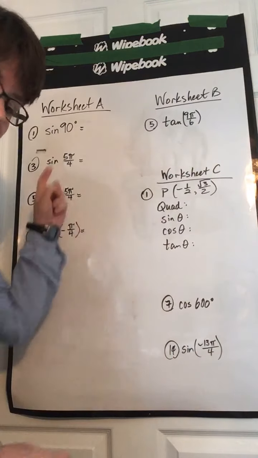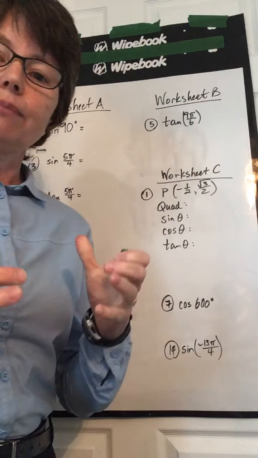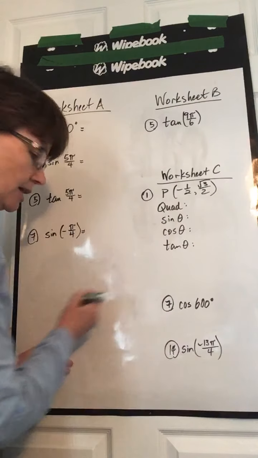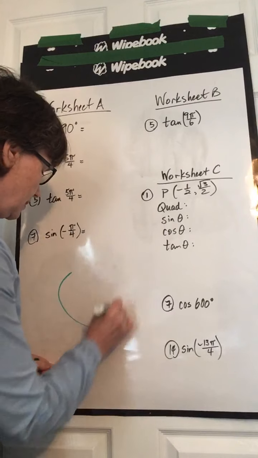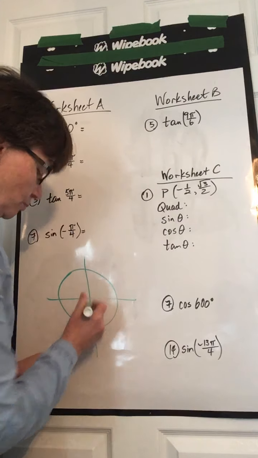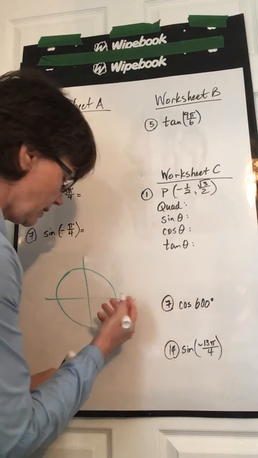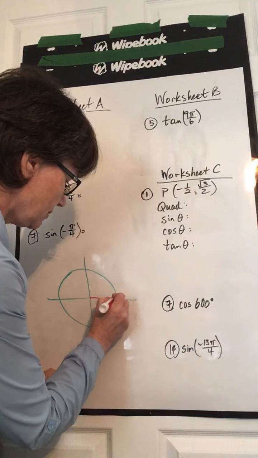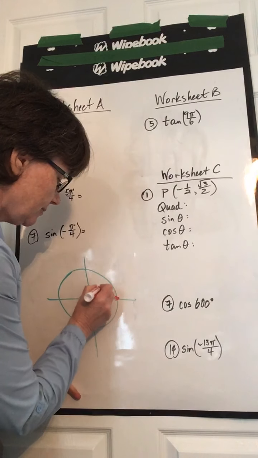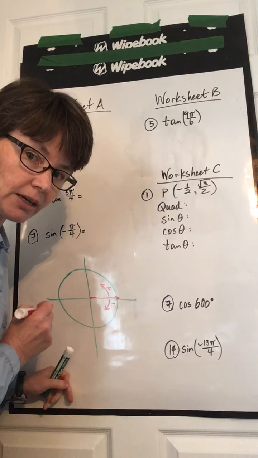So first of all, sine 90 degrees. So a couple things we absolutely need to understand about the unit circle. Remember, we always start measuring from this positive x-axis. Positive angles are in this direction, negative angles are in this direction.